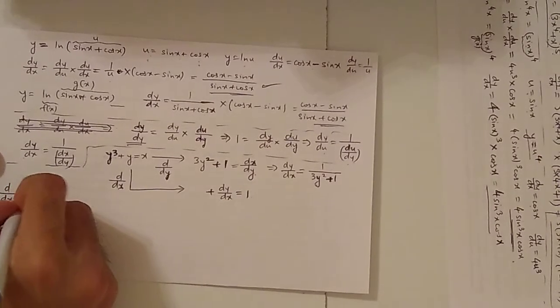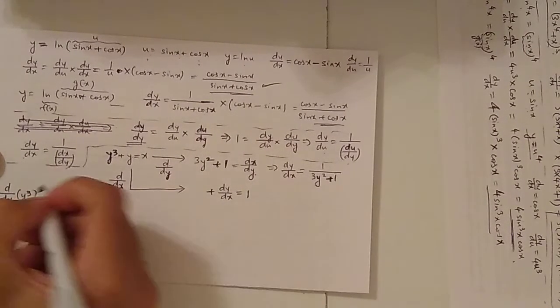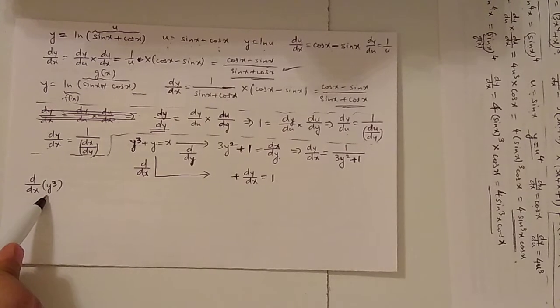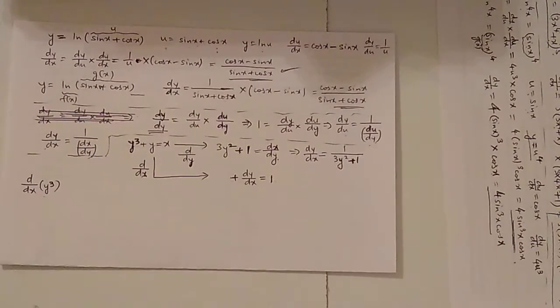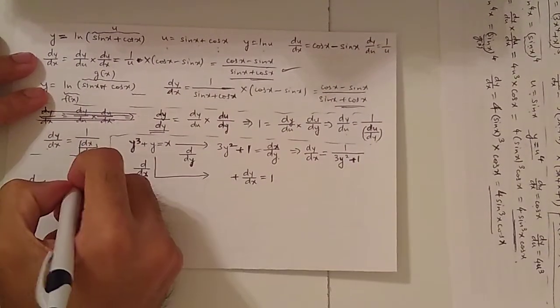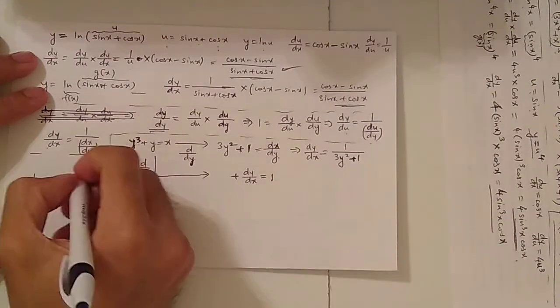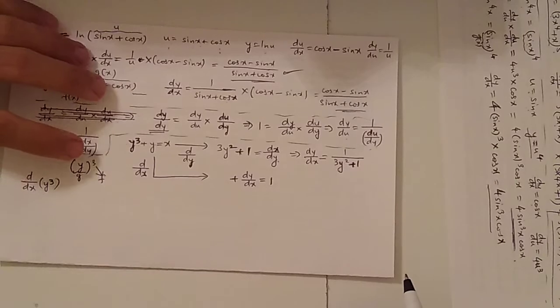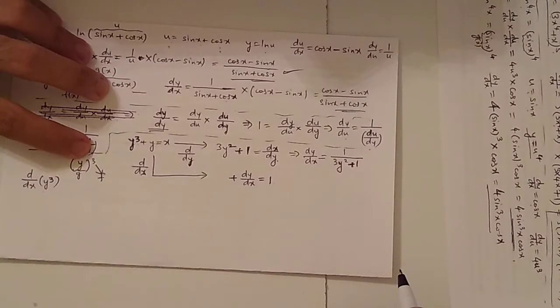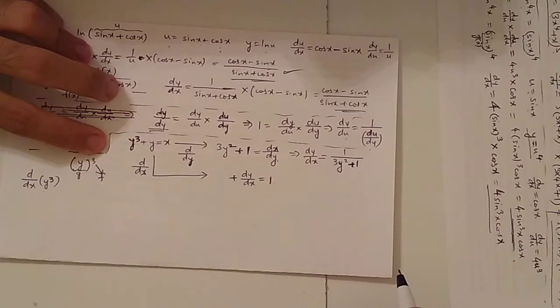with respect to x, here we have a function of a function, so you're going to use the chain rule. The inner function is going to be your y, and the outer function is going to be your f function, the cube function.